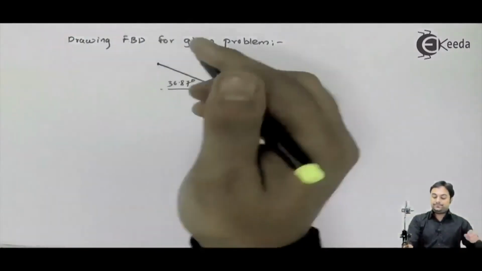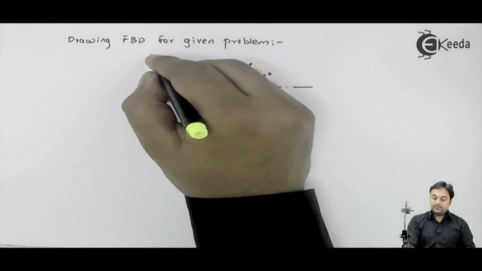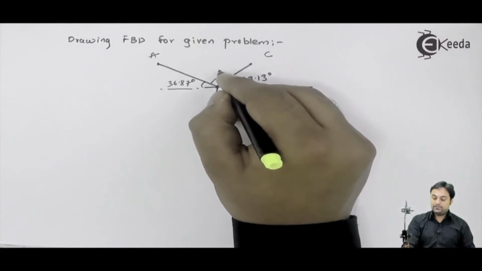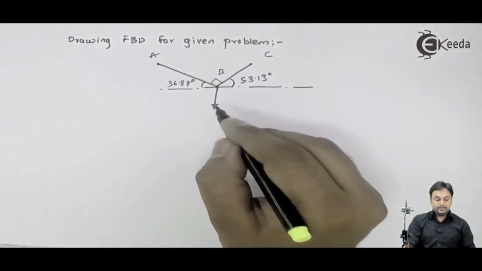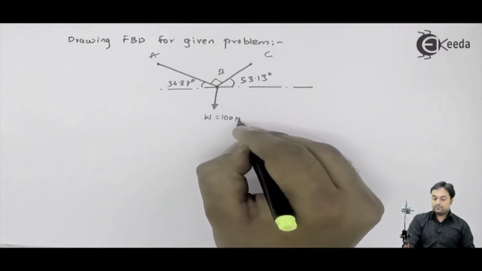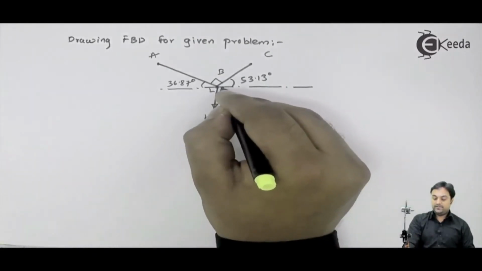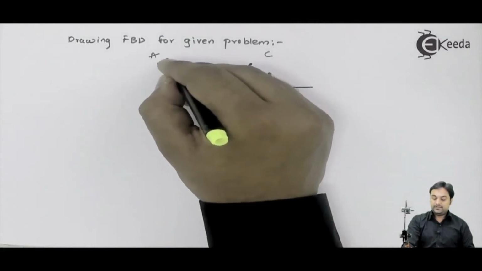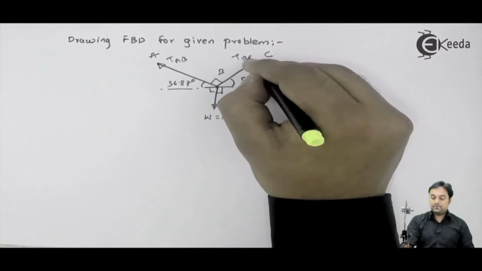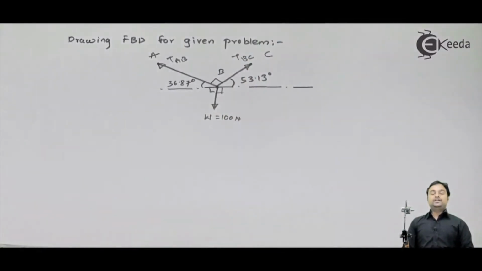So next I have here as A, this is C, this center point is B, and the load which is acting is 100 Newton. This angle is 90, even here it is 90. Here I have TAB, and here I have TBC. So this much is the free body diagram for the given problem.